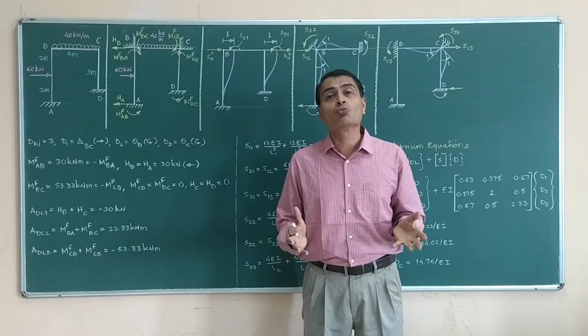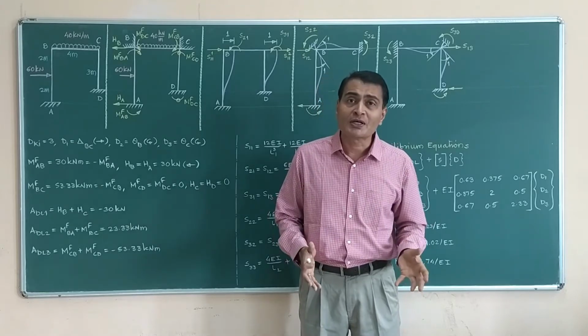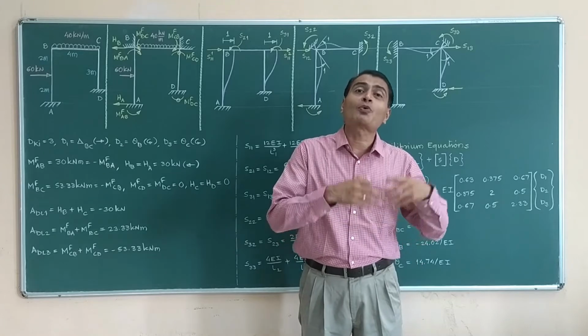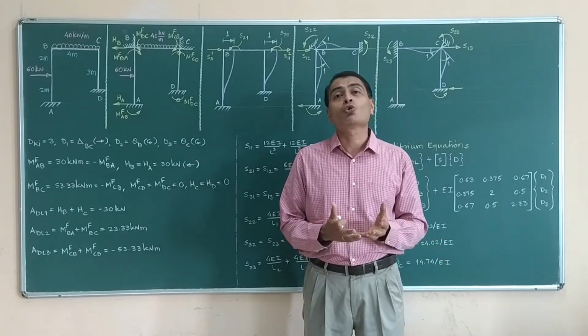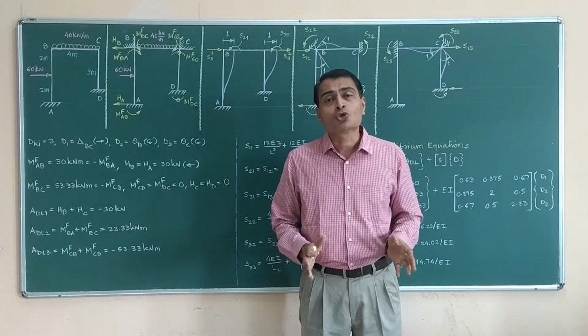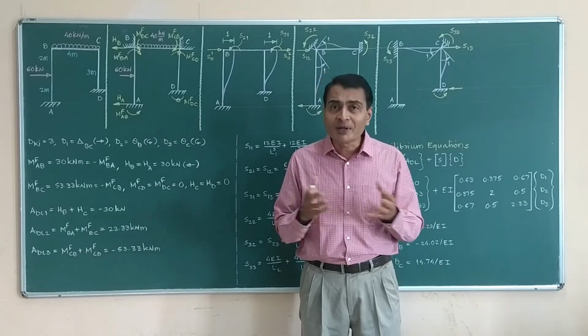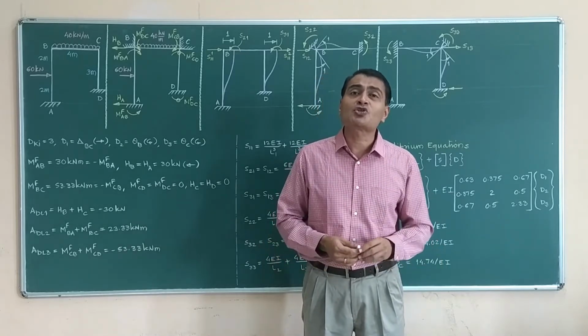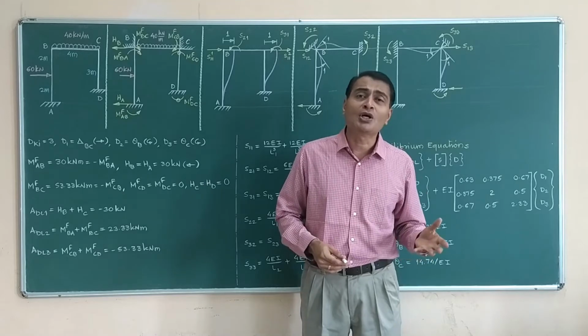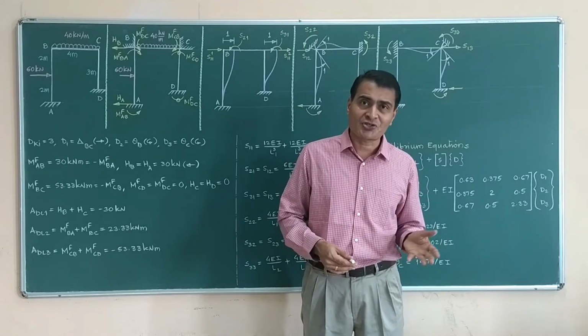That is, we have to do moment distribution 2 times. Then we have to do interpolation and we have to also do superposition. So slope deflection or moment distribution methods prove to be very lengthy for sway analysis.